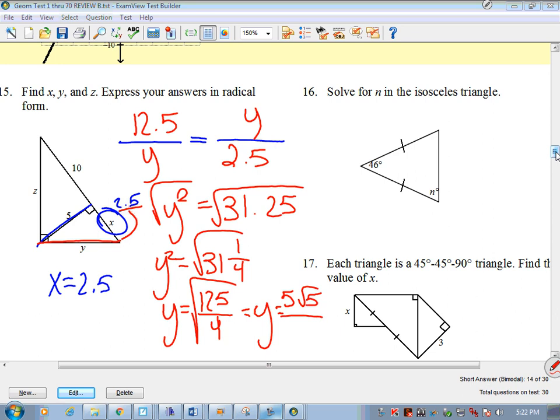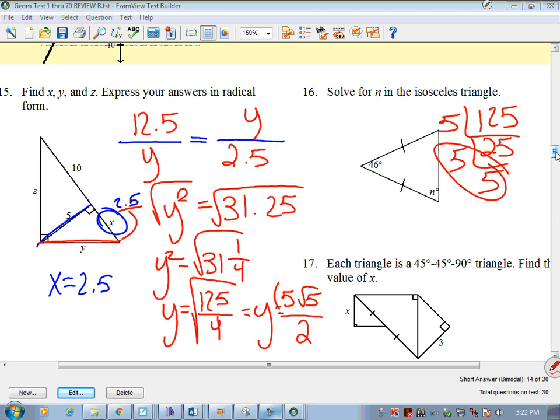The square root of 4 is 2. I'm going to show you the 125 portion. If we take 125 divided by 5, we're going to get 25. We're going to get 5 and 5, and I can only take one 5 out, which is why I got this one, and I have to leave 1 5 in, which is why I get this one. So y equals 5 radical 5 over 2. And that's how I get that one right there.